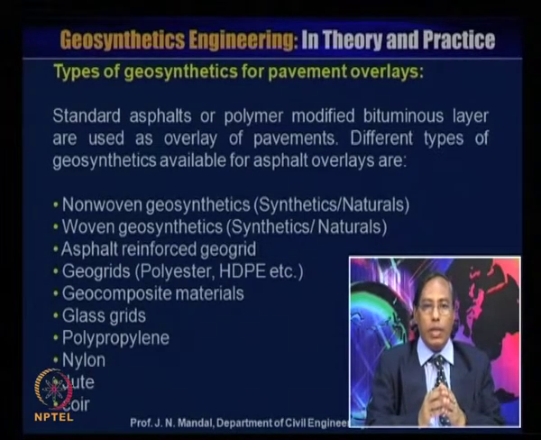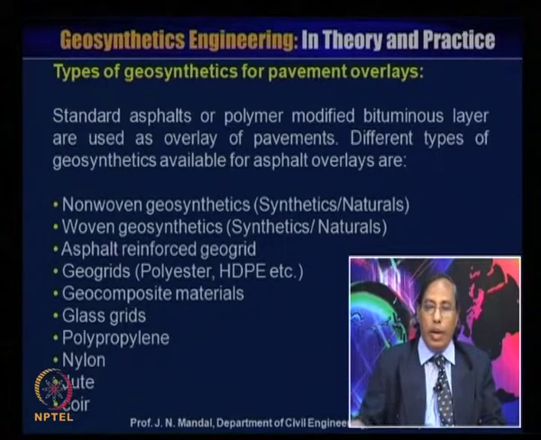Different types of geosynthetics available for asphalt overlay are non-woven geosynthetics material, that may be synthetic or natural, or woven geosynthetics material, that may be synthetic or natural, asphalt reinforced geogrid or geogrid, which may be made of polyester or high density polyethylene, etc. Geocomposite material, where you can use a combination of the geogrid and the geotextile material, whether it is a woven geotextile or non-woven geotextile material. Also the glass grid and polypropylene material, nylon, jute and coir.